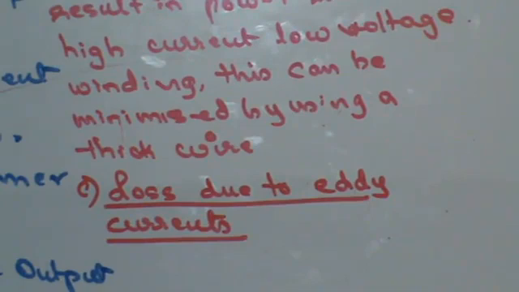Metal has some resistance, and current and resistance will produce heat, so some amount of power will get lost. In order to minimize this effect, you use a laminated core, which increases the resistance of the core and reduces the eddy current.